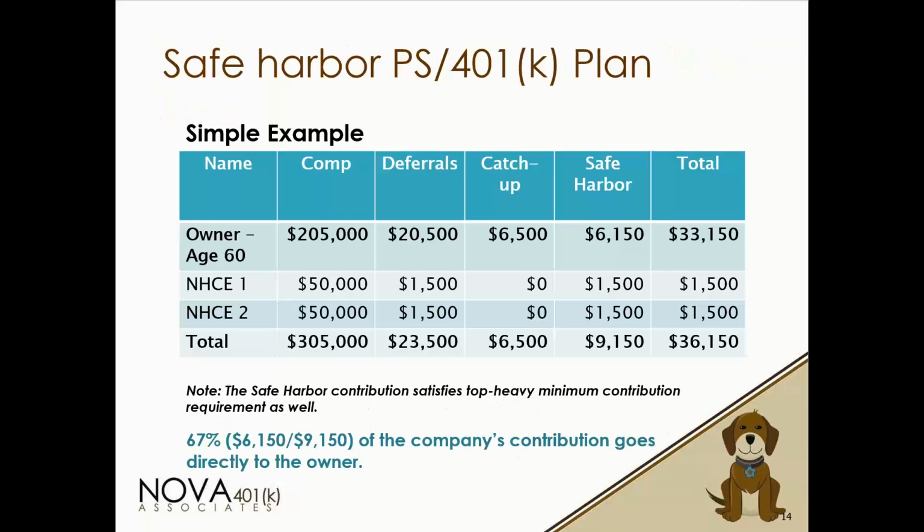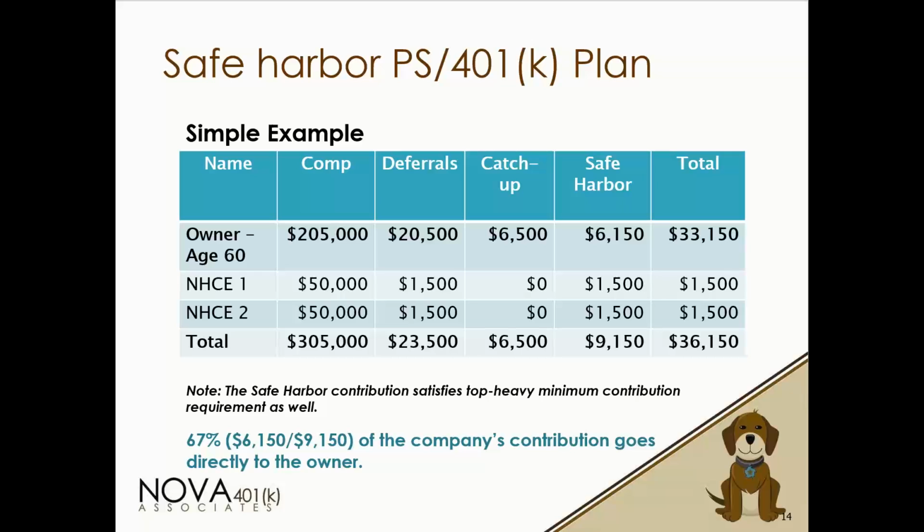So just a quick little example of what you can do in a profit sharing plan, and this is a safe harbor non-elective that I mentioned before. Everybody gets 3%. So yes, the owner is getting a much larger benefit because the owner makes $205,000. That's 4 times the average staff, so he's going to get 4 times the benefit.